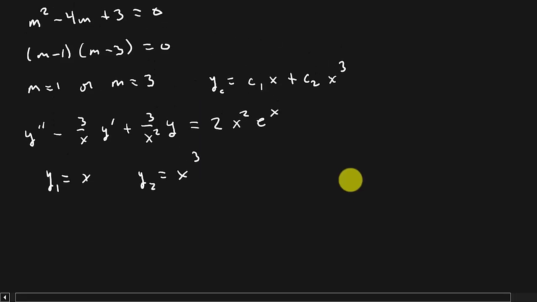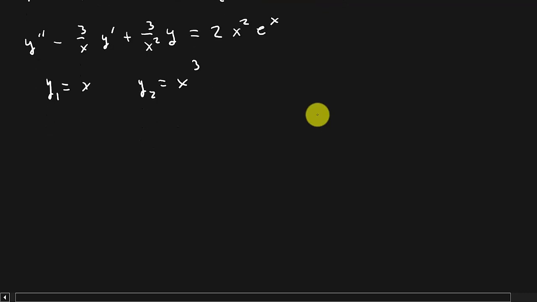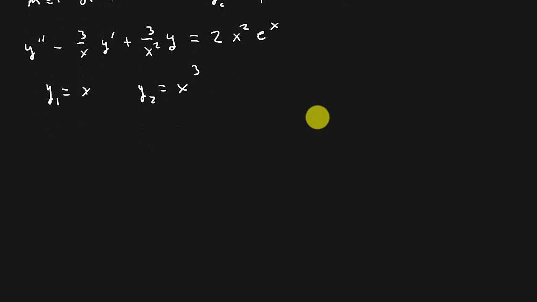Remember, this is your y1, this is your y2. If you're not quite sure of this, search my channel: differential equations, variation of parameters. You'll see how to do it. It's actually the video right before this one.